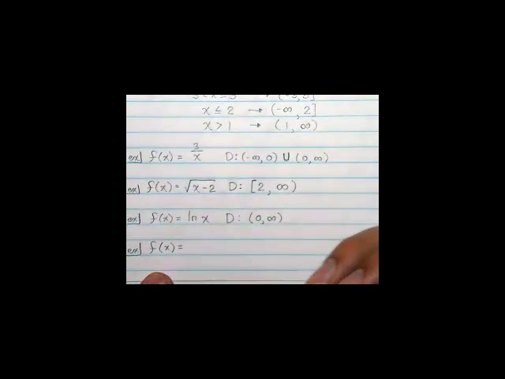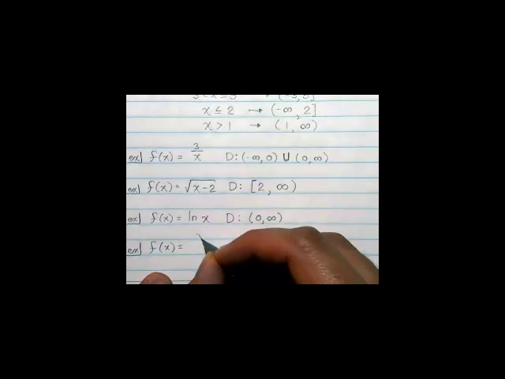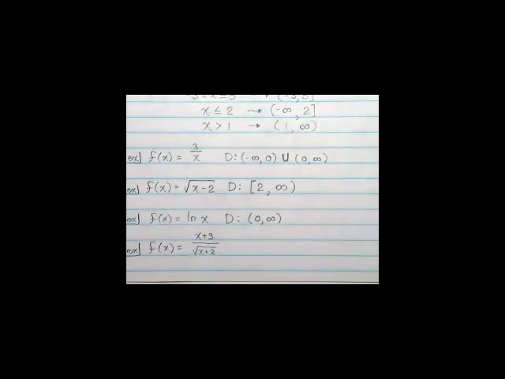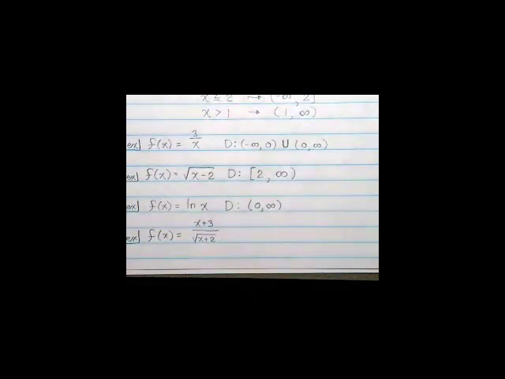So, last example here. Let's do x plus 3 over the square root of x plus 2. So I start doing some kind of combination stuff here. Again, you have to think about, what do I have? What are going to be some bad numbers to plug in here that are going to make it undefined, make it not work?